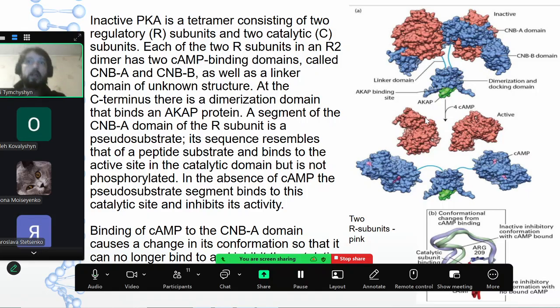Each of the two R subunits is an R2 dimer and has two cAMP binding domains, so it senses the level of cAMP. These domains are called CNBA and CNBB, as well as a linker domain of unknown structure. So here is the linker domain.